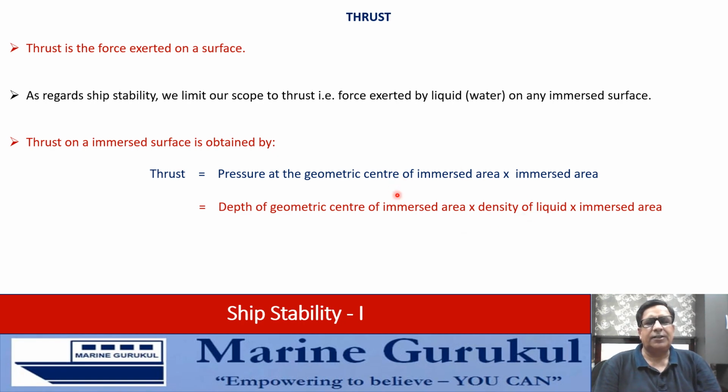And when this pressure at the GC is multiplied by the immersed area, that shall give us the thrust. Now, when we put the units of depth as meters, density as tons per cubic meter, and area as meter square, we get the unit of thrust as tons. So unit of thrust in ship stability shall be tons.